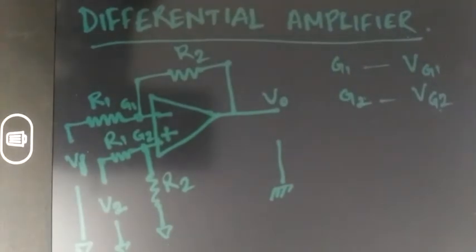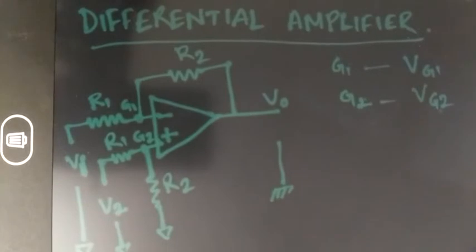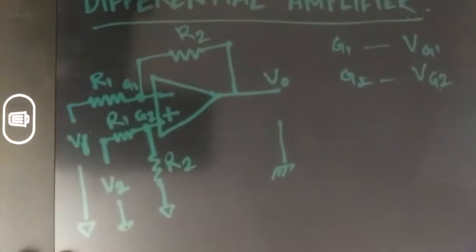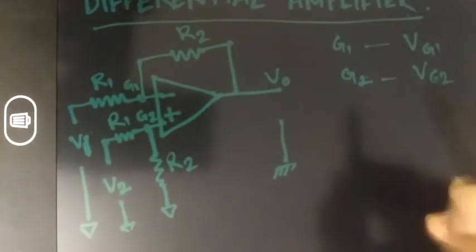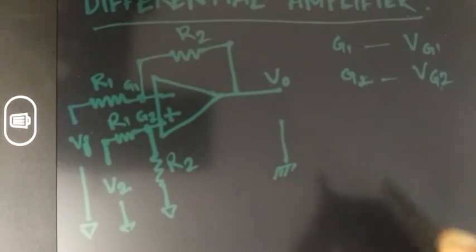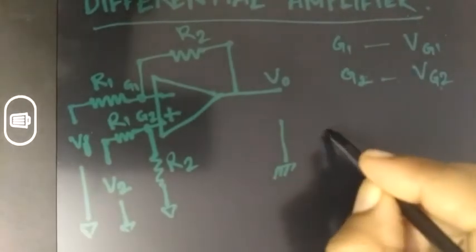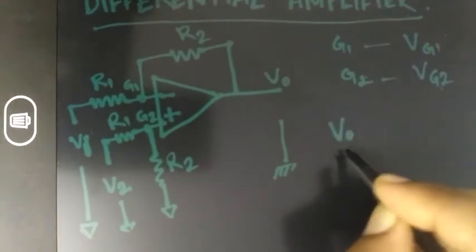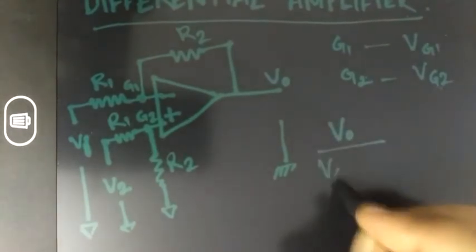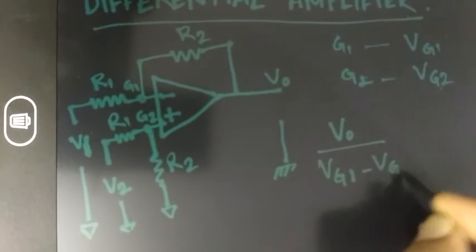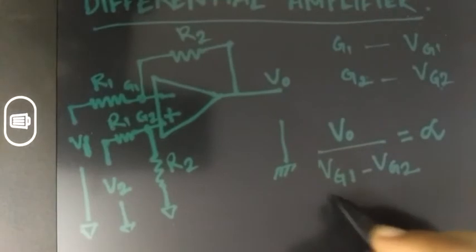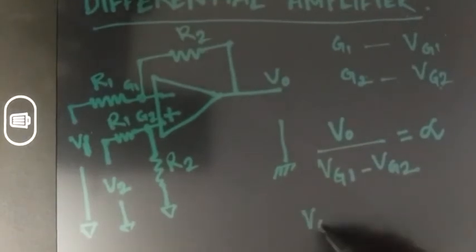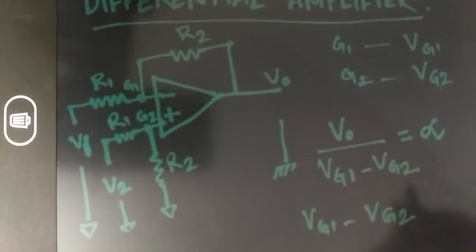Since this op-amp has infinite gain, V0 equals the gain times VG1 minus VG2, which is finite only if VG1 minus VG2 is equal to 0.